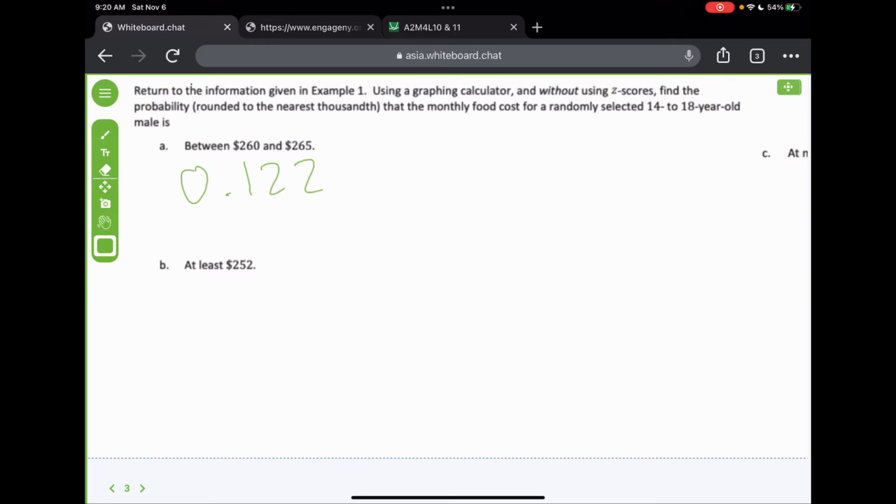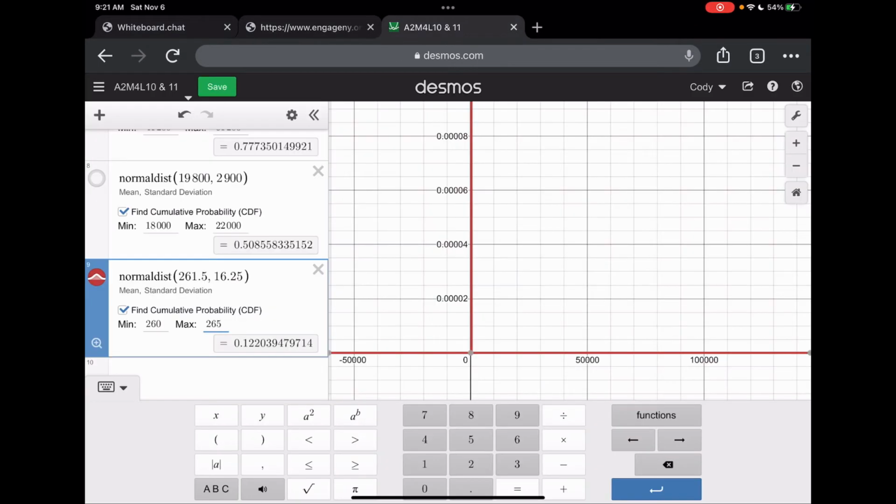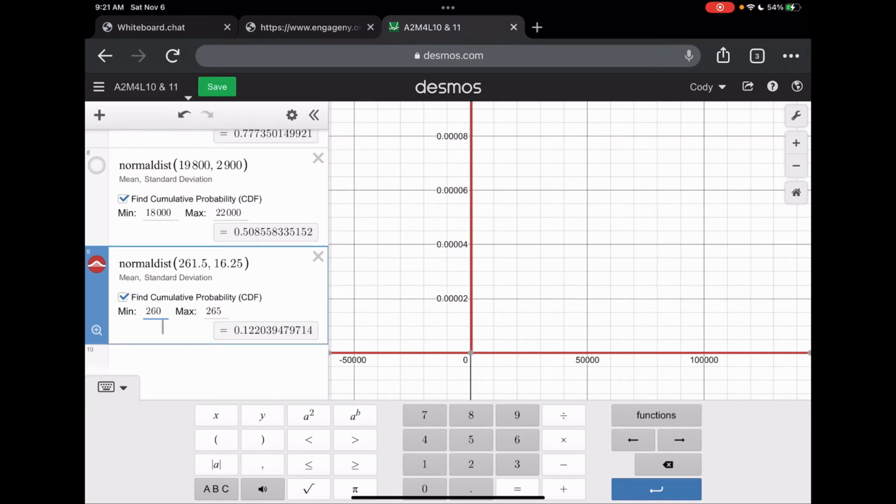All right. So we want at least $252. Now, whenever it says at least, you're going to be talking about everything that's greater than that, right? So I'm just going to come back here into Desmos. And I'm going to type a minimum of 252.